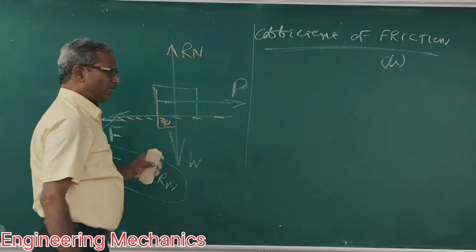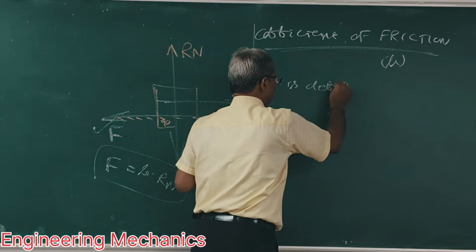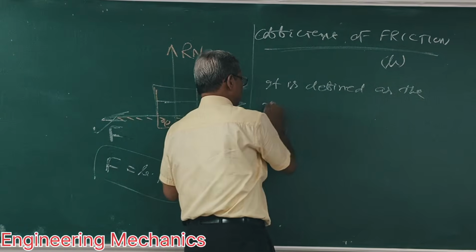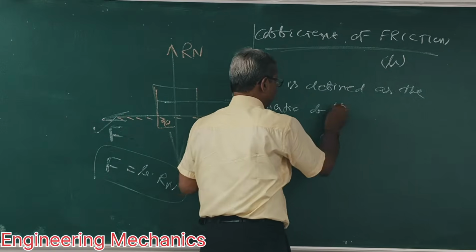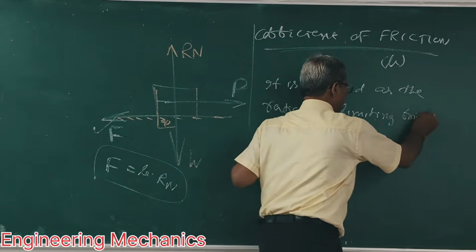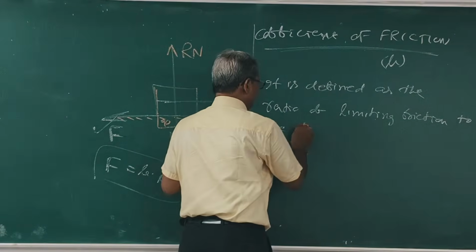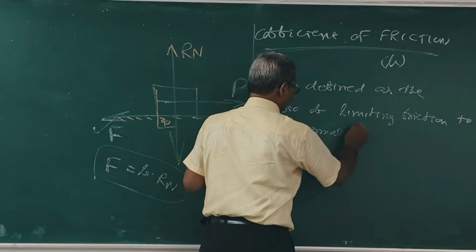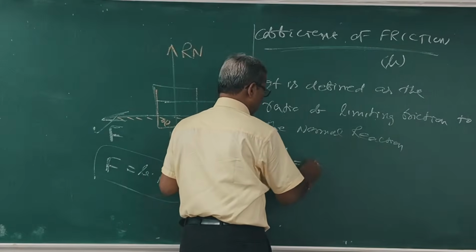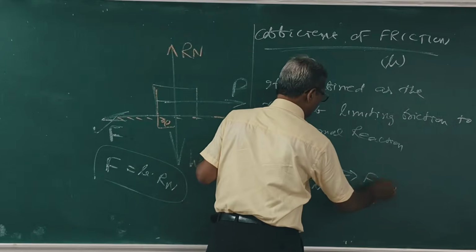It is defined as the ratio of limiting friction to the normal reaction. Clear? That is, mu is equal to F by Rn. This implies F is equal to mu Rn.